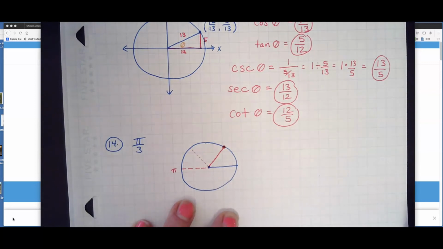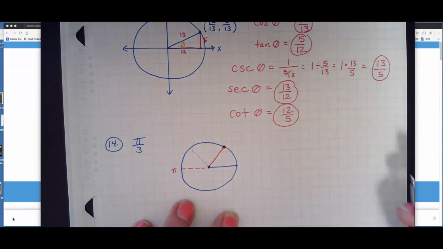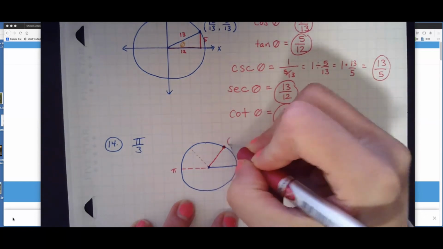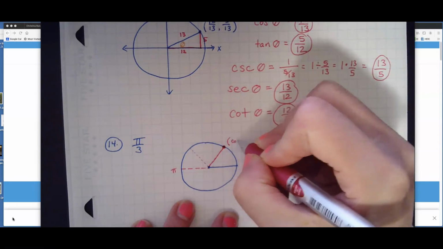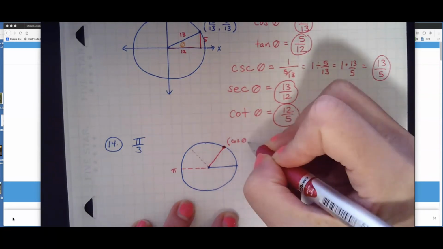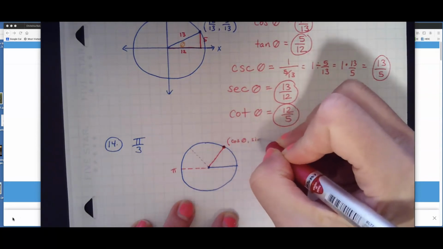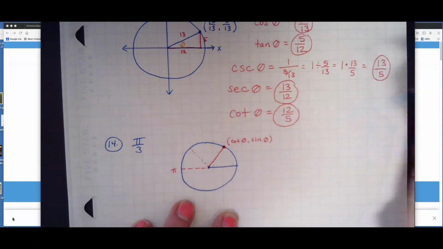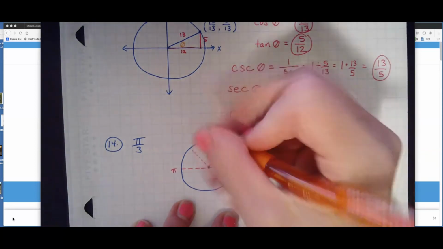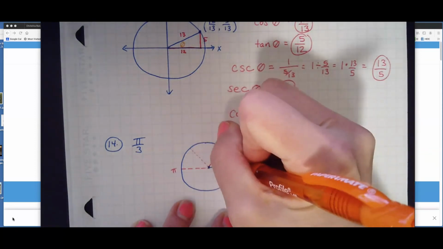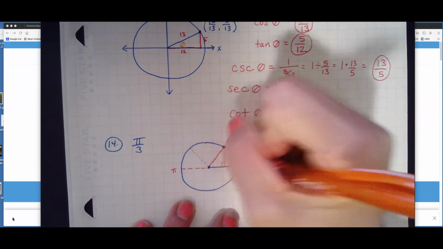What they want us to do is figure out the coordinates. We know that the coordinates at this point, x and y, are the same thing as the cosine of the angle and the sine of the angle. I'm going to do a little drop down here, and I've got myself a right triangle. There's my altitude.